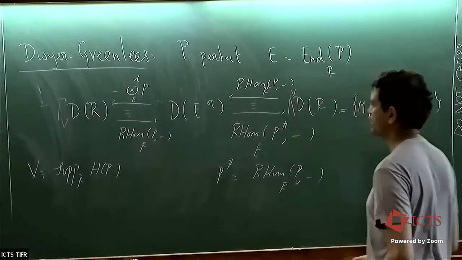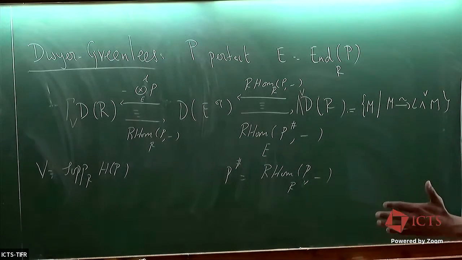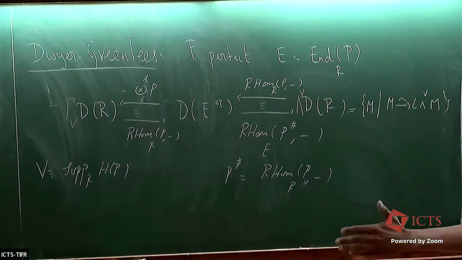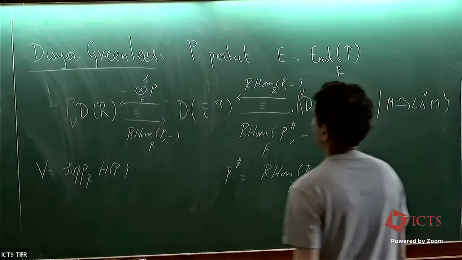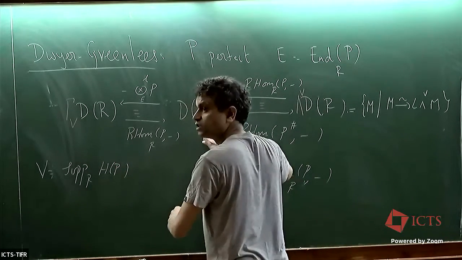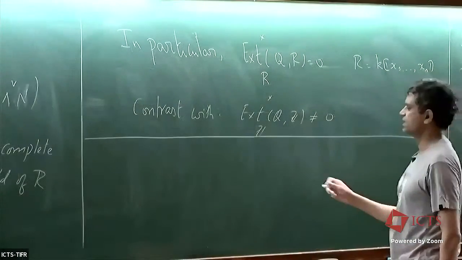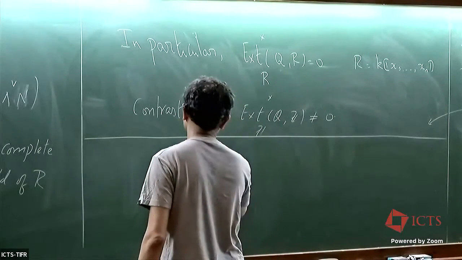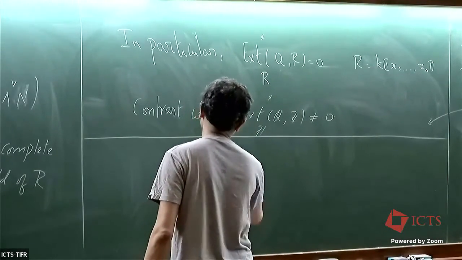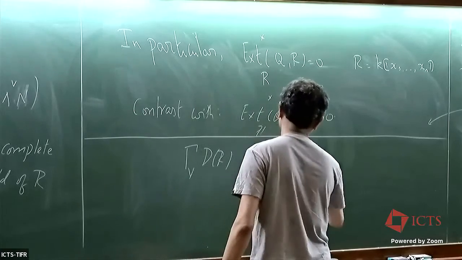So if you combine these two, you see that there's an equivalence between the torsion objects and the complete objects; both are equivalent to this one in the middle. So maybe I should finish the thought here. What this says is that there's an equivalence between the torsion part of the derived category and the complete part of the derived category.